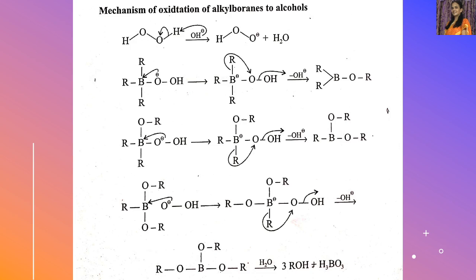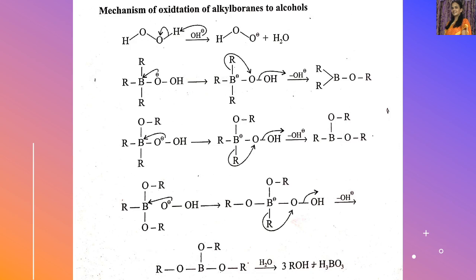Okay. Then in this structure, the boron atom suffers a negative charge because it is surrounded by four bonds. That is four electron pairs surrounding this boron. Boron belongs to the third group, and as it is having four bonds surrounding it, it will definitely carry a negative charge. So a negative charge is present on the boron atom.